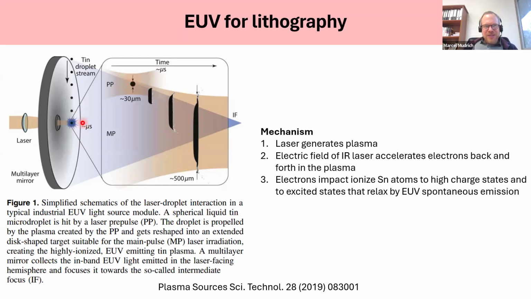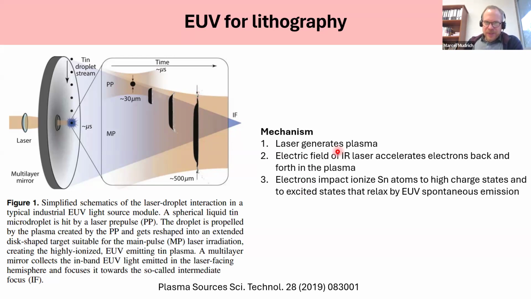And the beams are shaped such that the tin particles first elongate into flat pancake structures, such that they are ideally shaped for the main infrared laser light to come and homogeneously irradiate this pancake and transform this whole pancake of liquid tin into a microplasma to radiate the XUV radiation.